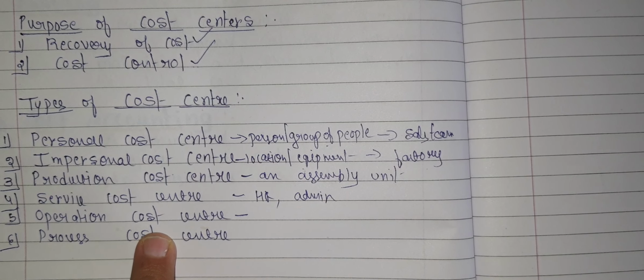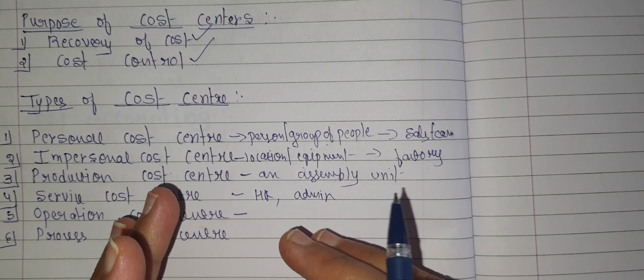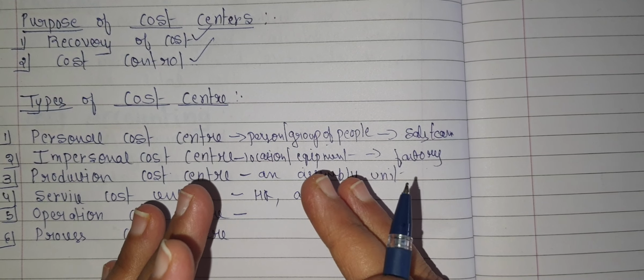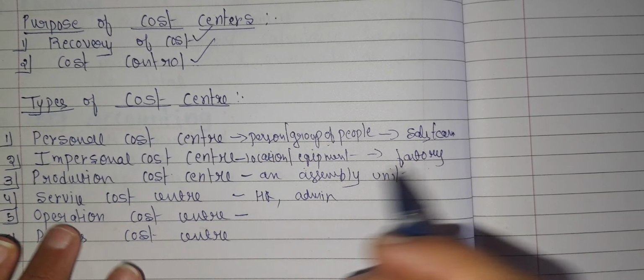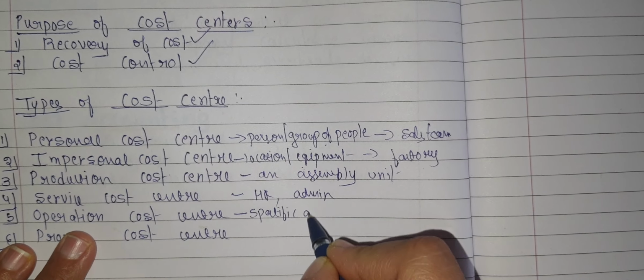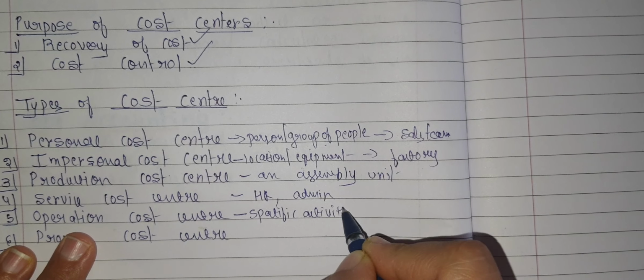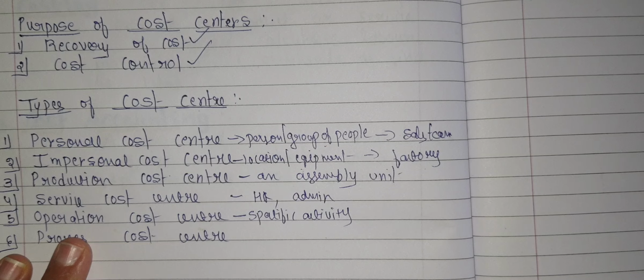Now the fifth one is operation cost center. An operation cost center refers to a specific activity or operation where costs are incurred. Only one specific activity related to which costs are incurred.